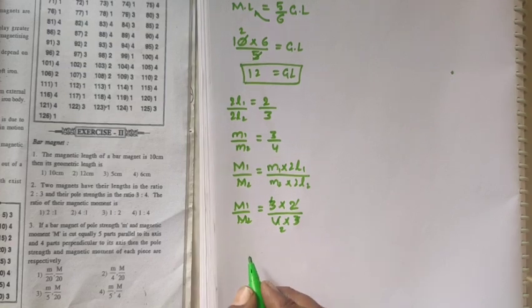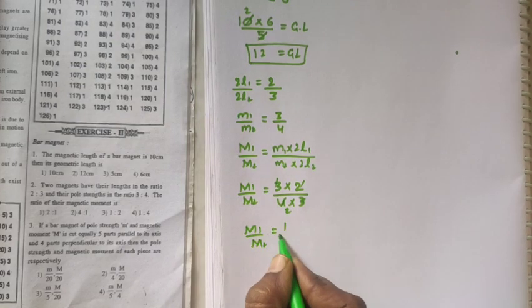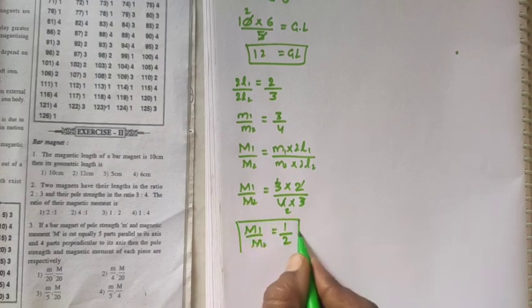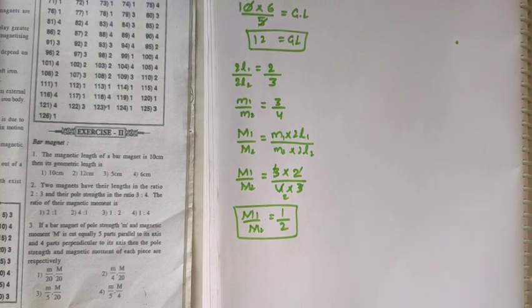So what's the ratio here? M1 by M2 is in the ratio of 1:2. Magnetic moments are in the ratio of 1:2. This is the answer.